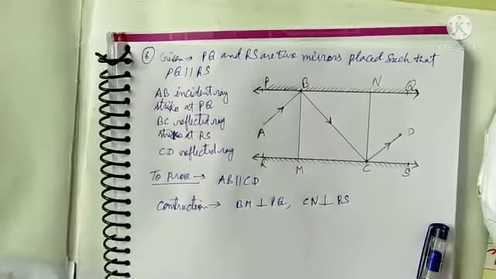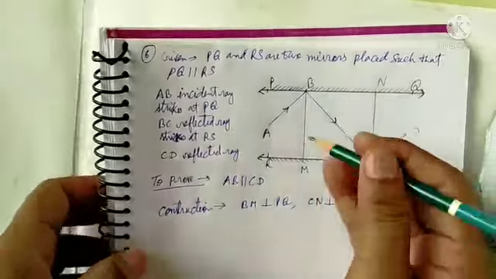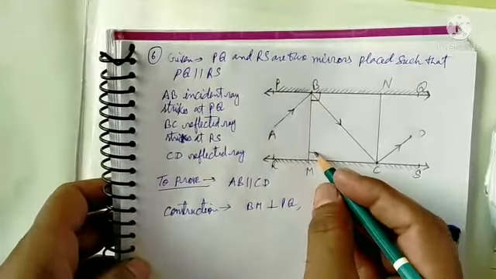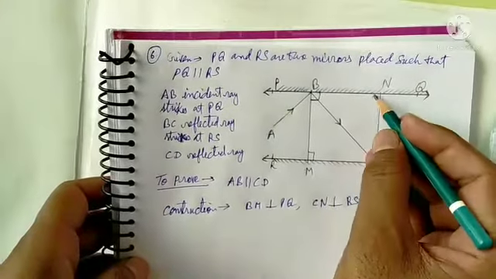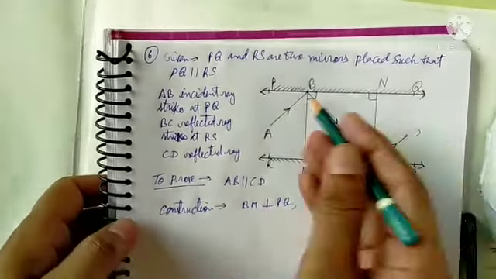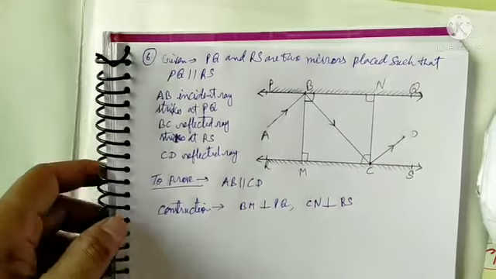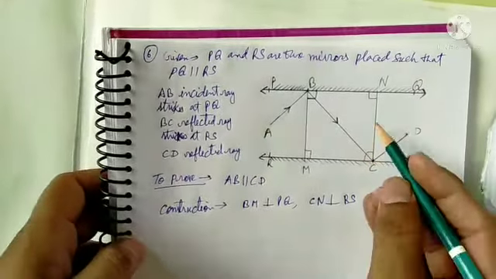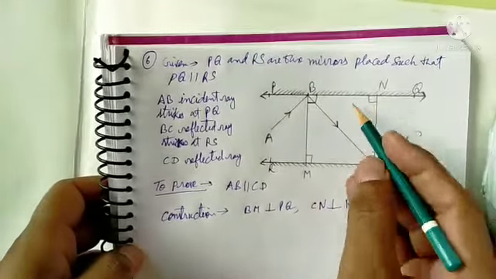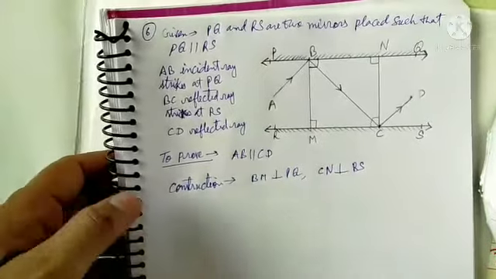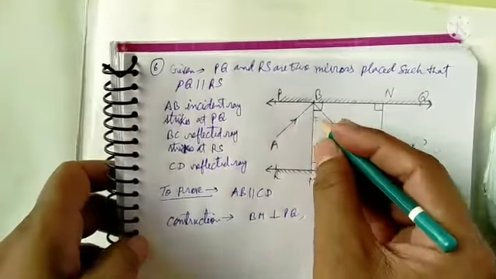If we have taken it is perpendicular, it means, students, this is 90 degree, this is also 90 degree perpendicular, and this is also 90 degree. Perpendicular means exactly 90 degree, here also 90 degree. Now hereafter, we construct some angles.